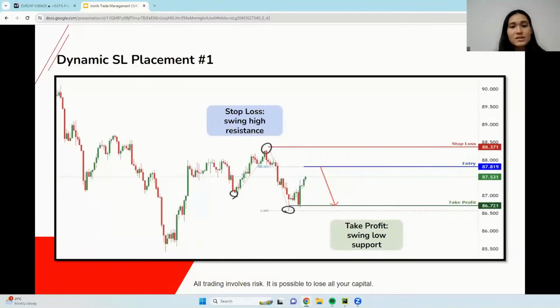Here's a simple example to demonstrate dynamic stop loss. Price has bounced off nicely off of this support level of 86.721, as we see here. And we're expecting it to reverse off of our entry here, 87.819, in line with this 100% Fibonacci projection level.